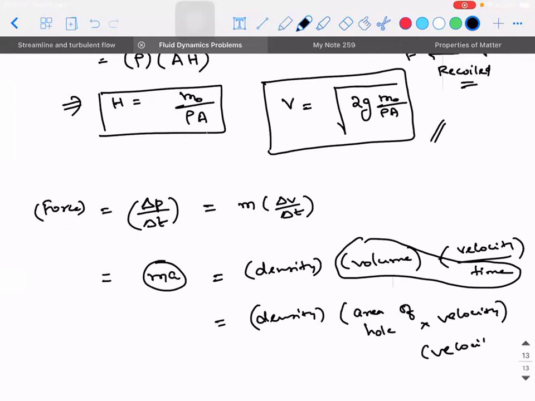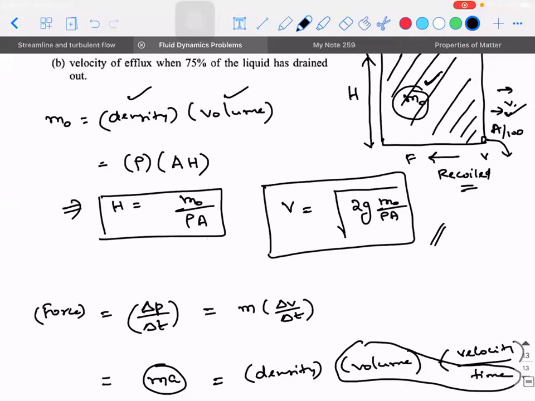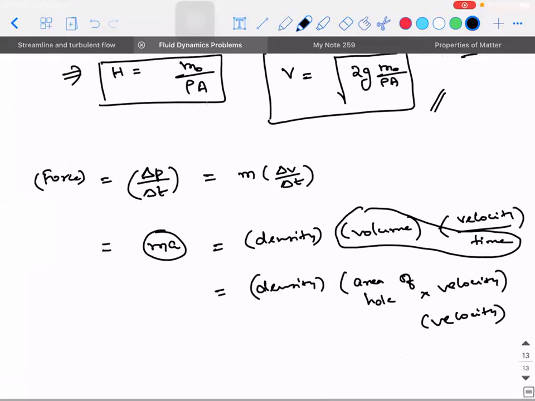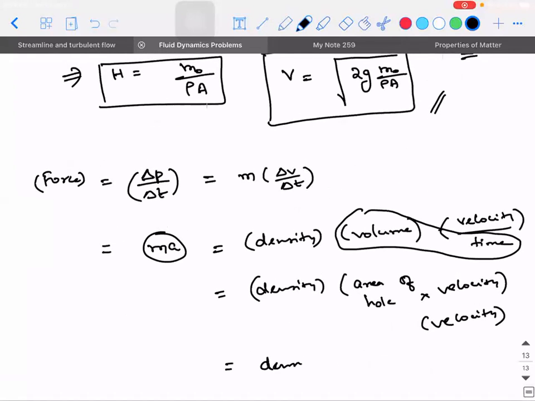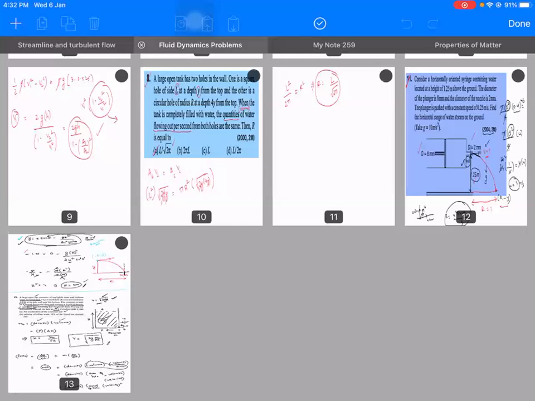And remember, it is because of the velocity of the liquid coming out from the hole that it is getting recoiled. So, can I write this as density into area of hole into velocity square? Right, this is actually a good problem. Can make a note of this.